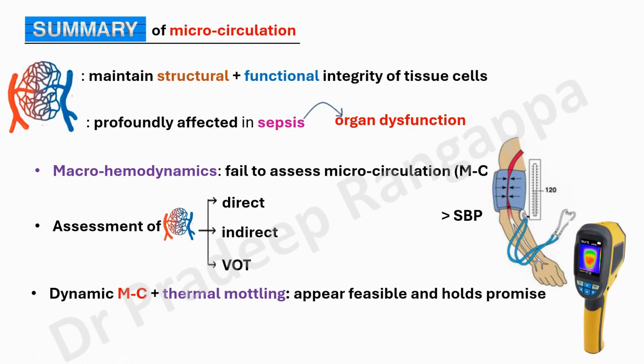And dynamic microcirculation with thermal modeling is appearing more promising. Using these gadgets to assess thermal modeling appears feasible and holds promise. And thermal modeling gadgets are already available in the market for screening of cancer patients. So we need to get its utility done in our ICU patients also.